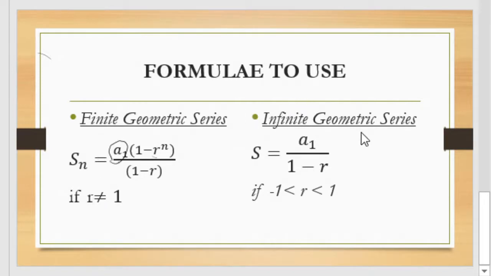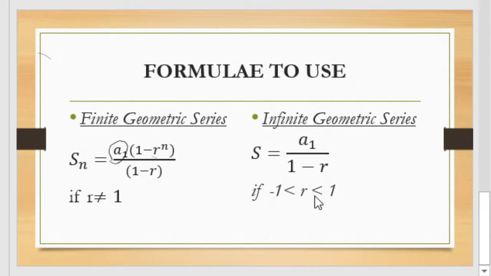And for infinite geometric series, take note ha, infinite. It is possible really to find the sum of an infinite geometric sequence. And we're going to use this formula S equals a sub 1 over 1 minus r. But then again, we can only use this formula, or we can only find the sum of an infinite geometric series if your common ratio is greater than negative 1 but less than positive 1.